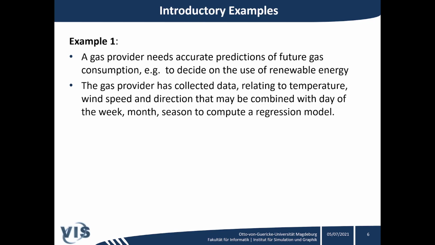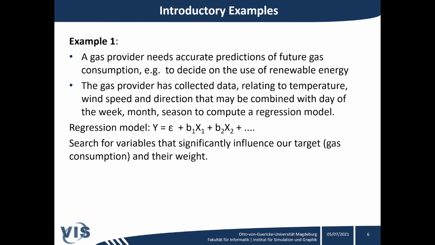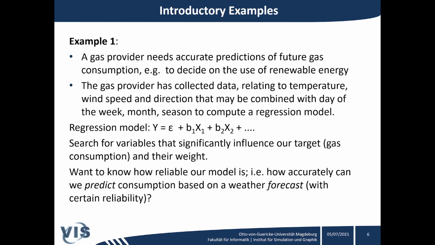To keep things simple, we want to use a linear regression model to predict future gas consumption. This means we search for variables that significantly influence our target, in this case gas consumption, and their weight.